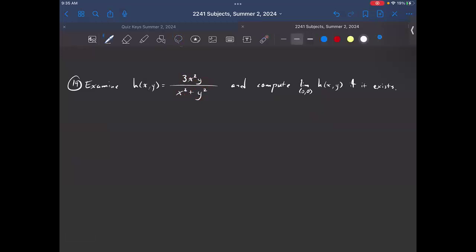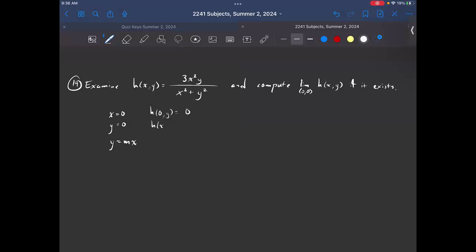Let's check our standard parameterizations here. X equals 0, y equals 0, just as evidence, and then let's do something a little more interesting with this one. Let's say we do y equal m times x for our parameterizations. And so we have h of 0y is 0.